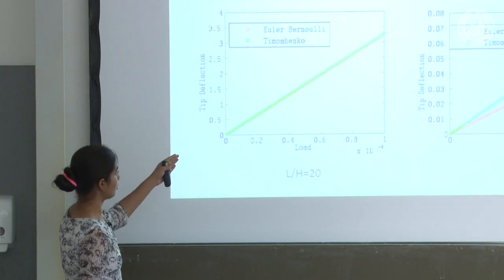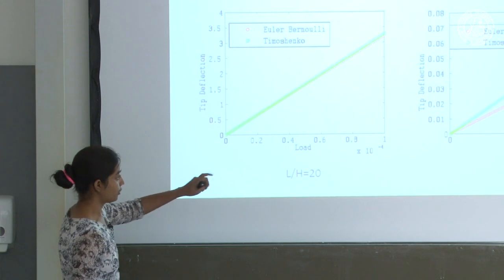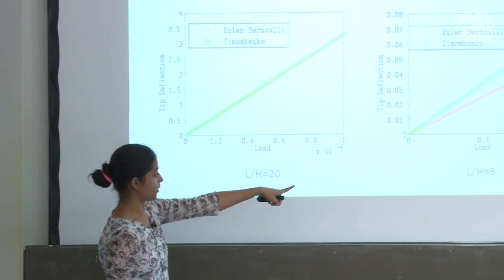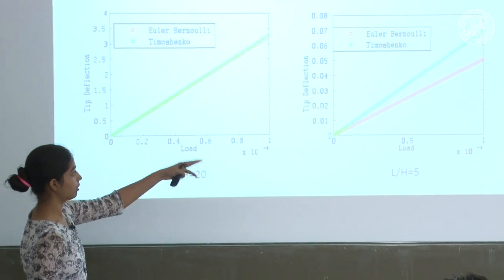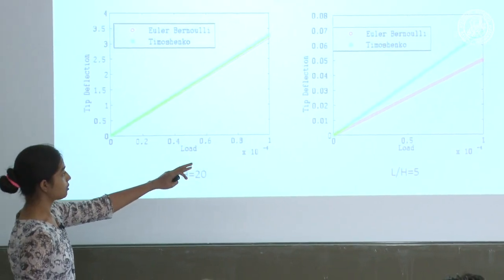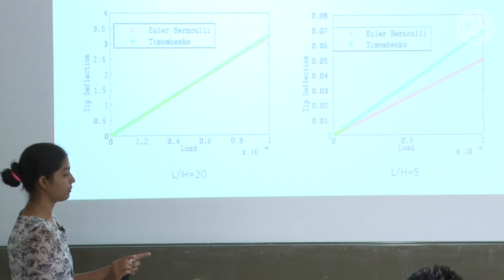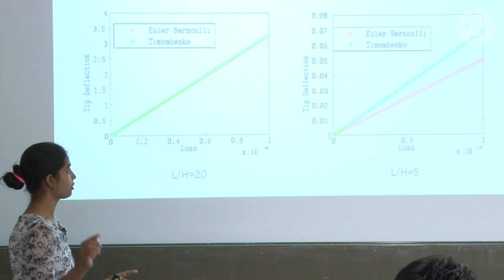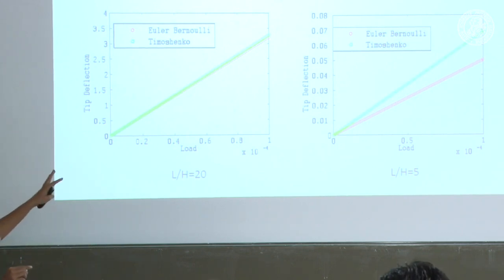The Timoshenko and Euler beam theories coincide with each other. But for shorter beams, that means for L by H equal to 5, the Euler-Bernoulli theory does not coincide with Timoshenko, so it's no more reliable now. So basically for shorter beams we should go for Timoshenko beam theory, and for longer beams we can use Euler-Bernoulli beam theory.